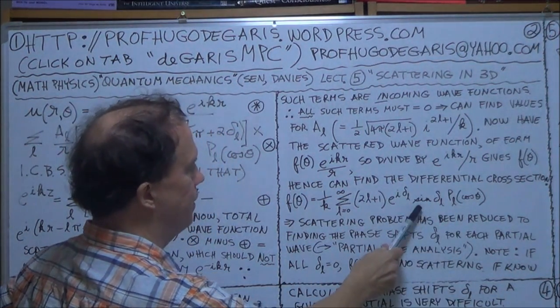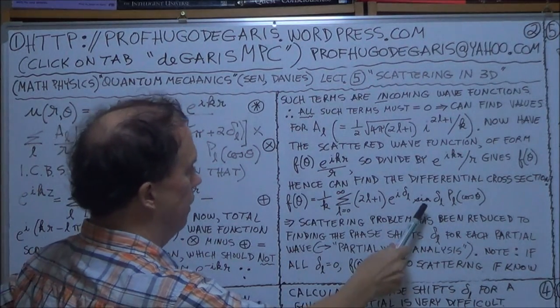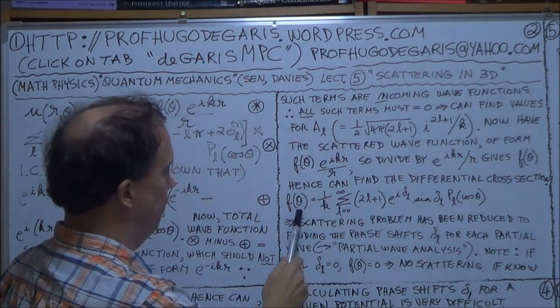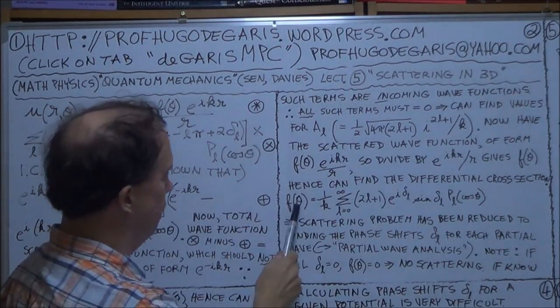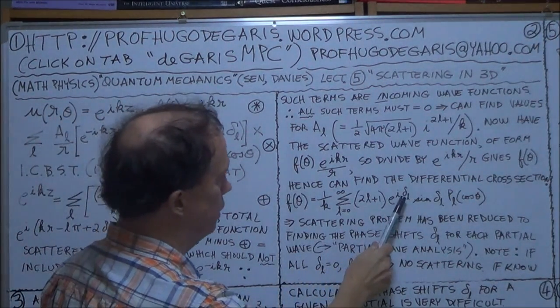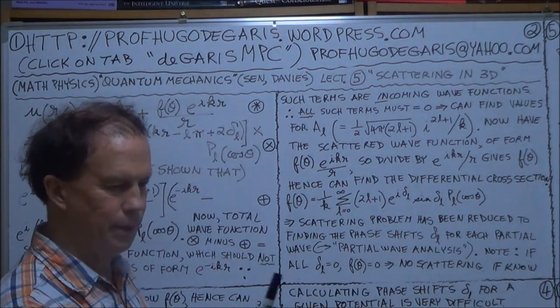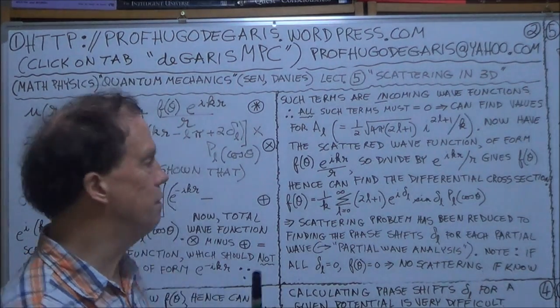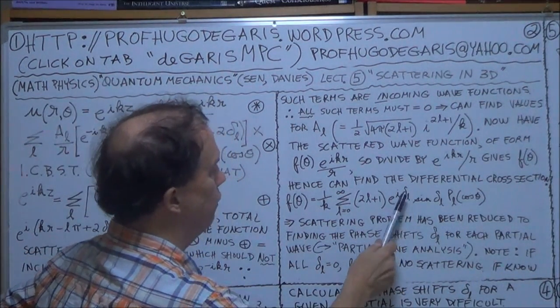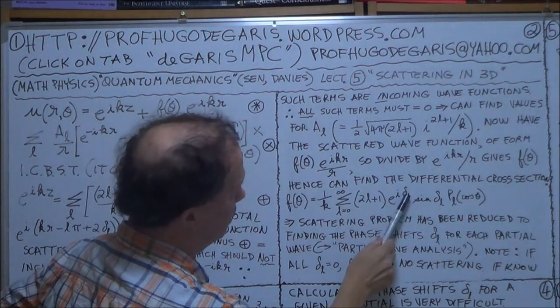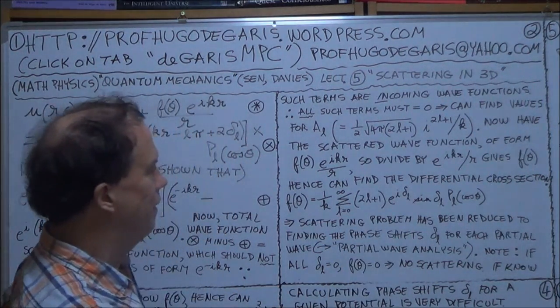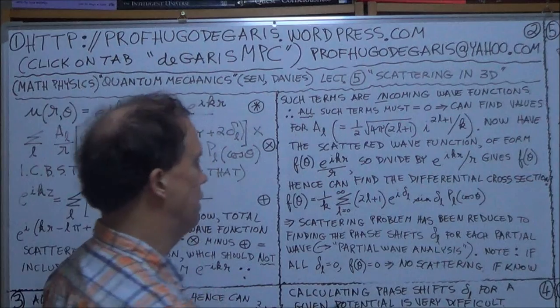Legendre polynomials. Your scattering amplitude, your f of theta, will depend on the delays, or the phase changes. And the phase change depends on the L, so you've got a delta sub L here, right? And so you end up with that expression.